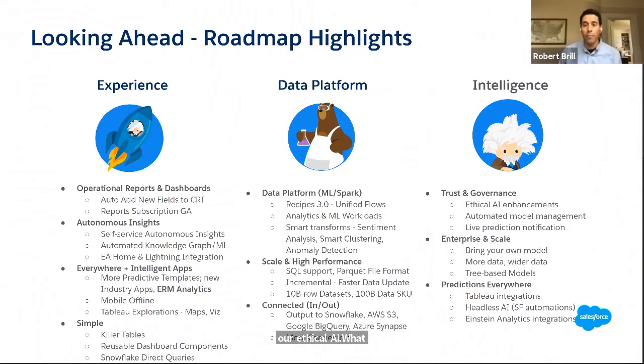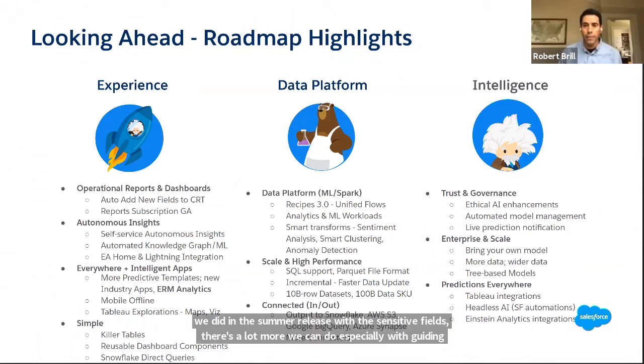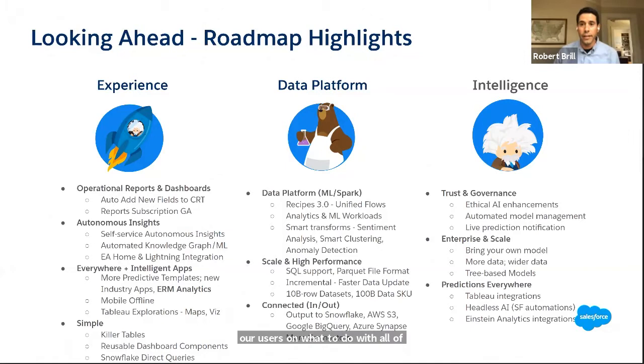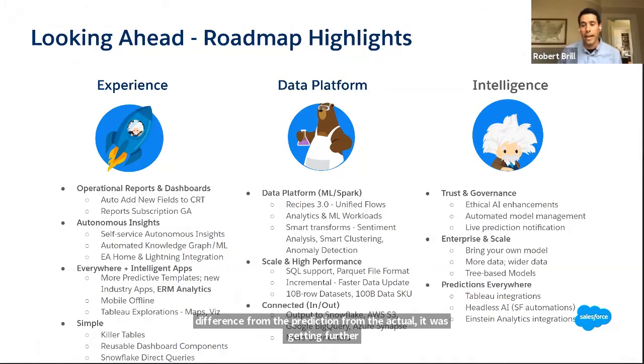We showed you Model Manager, where I showed how one of the models was actually increasing the difference from the prediction to the actual. It was getting further away. We want to be able to notify users on that. We don't think that you should have to go to a monitoring page. We want you to be notified when it's actually time to refresh that model.